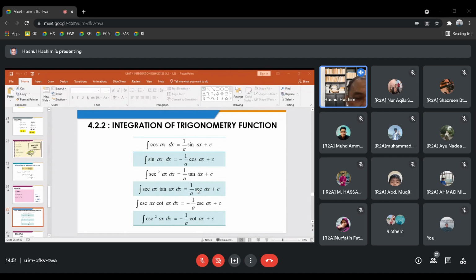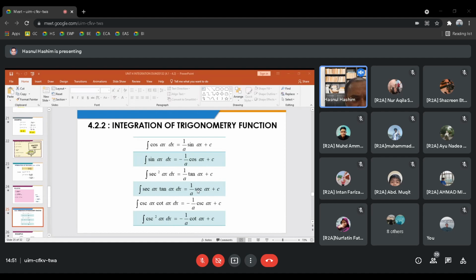Okay, the integral of cos ax dx will be 1 over a sin ax plus c. Integral of sin ax, we have negative 1 over a cos ax plus c. Then integral of secant squared ax dx will be 1 over a tangent ax plus c.